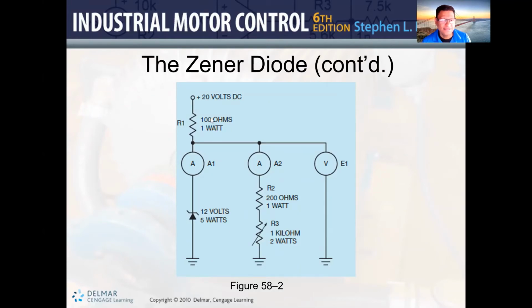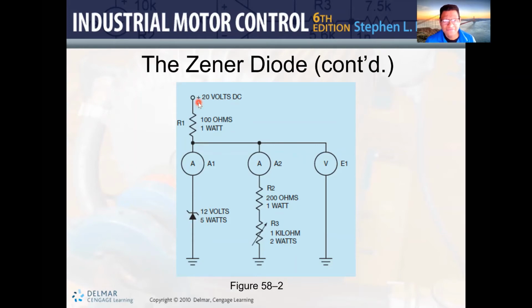This is the same circuit that I recreated in Multisim. Here we have R1, which is going to be the current limiting resistor for the whole circuit. In this instance, I have a 12 volt rated Zener diode. Please notice that the Zener diode is reverse biased, connected in reverse polarity.